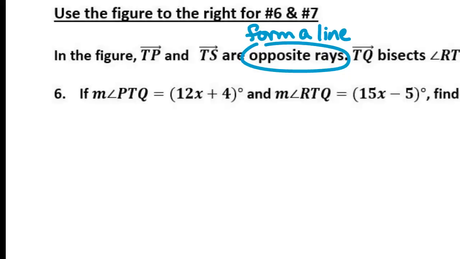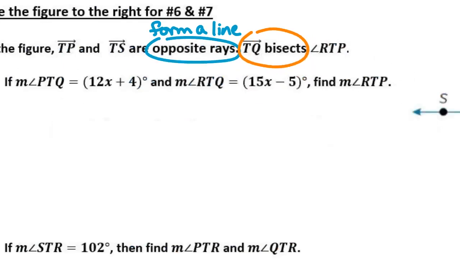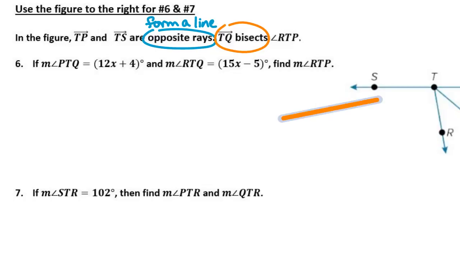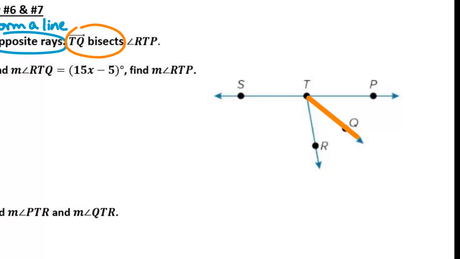And then it says that ray TQ, which is this ray right here, bisects angle RTP. So R up to T, turn at T, and then go over to P. This is the angle that is being bisected.